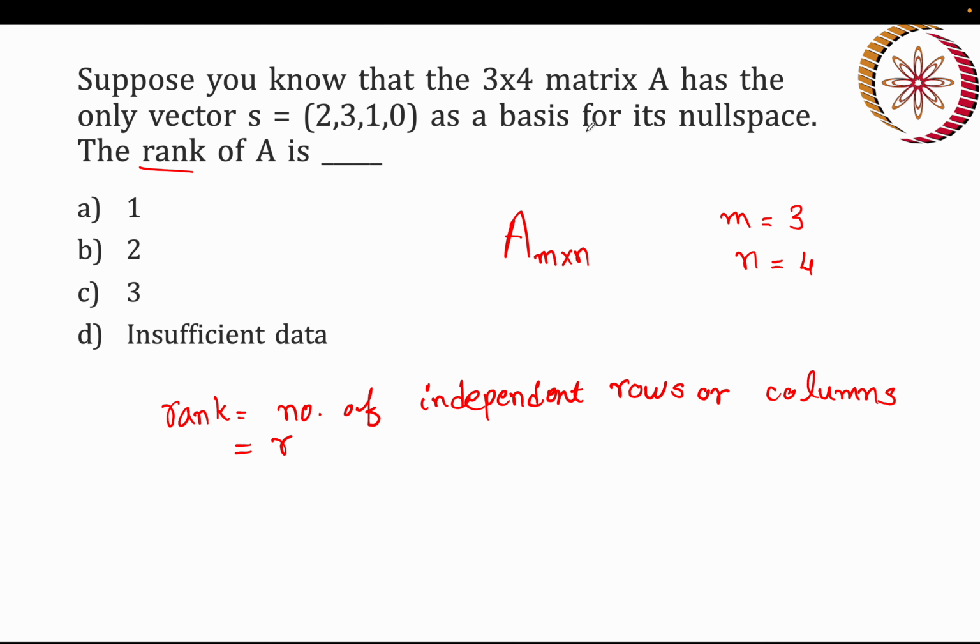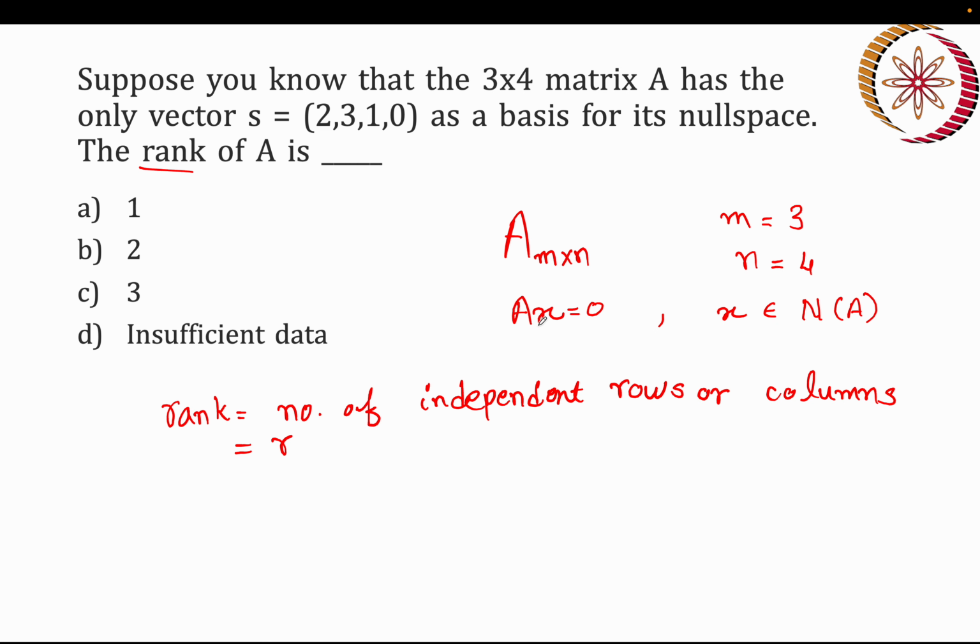The null space that we are interested in is Ax equal to 0, where X belongs to the null space of A. That is the meaning of null space. If we take the product of A and X, it will be 0.